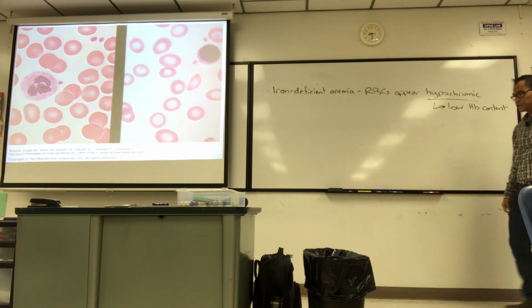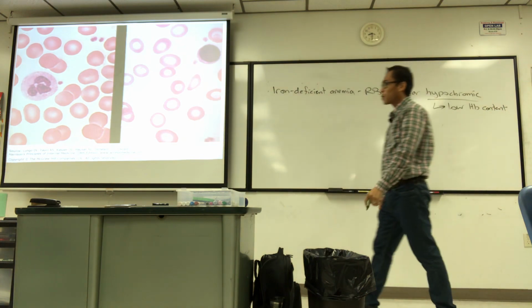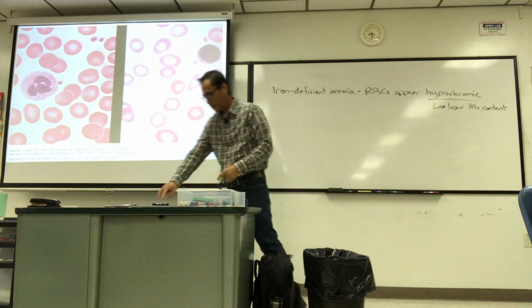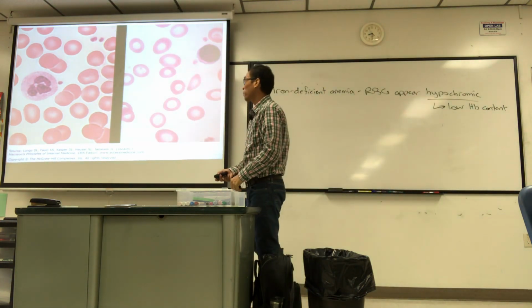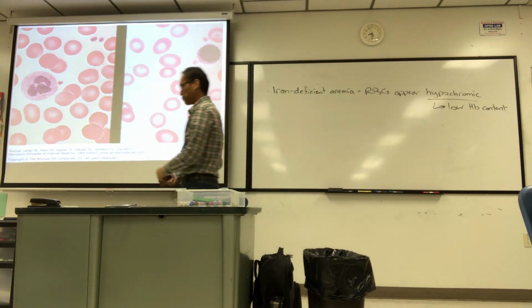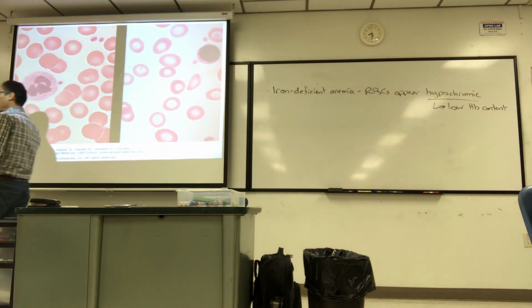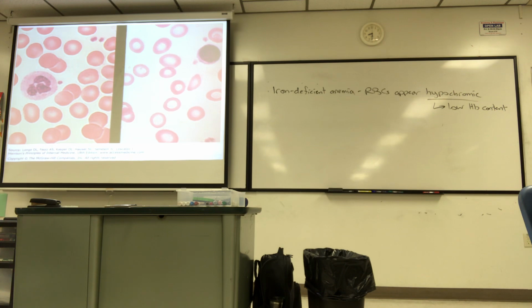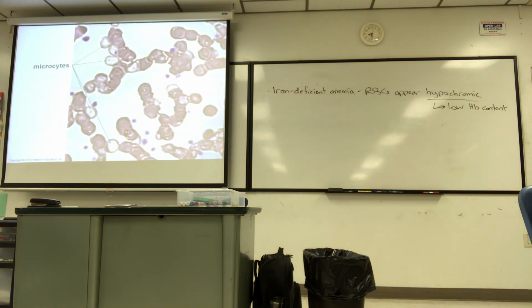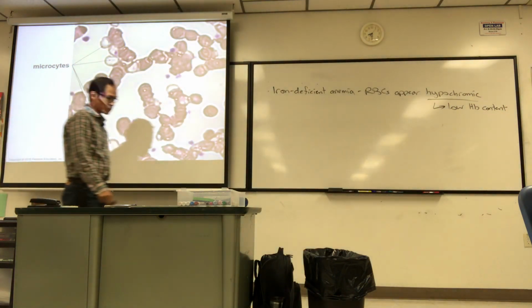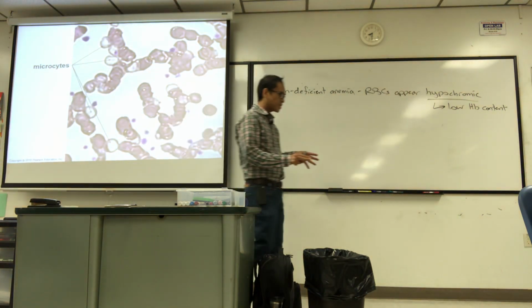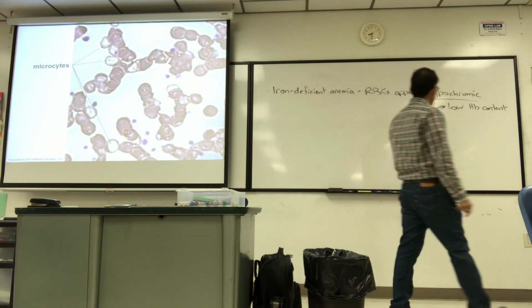Not only do they have low HB, they're smaller if you were to measure them, which they don't do here, but the normal range is 7.2 to 8.4. These cells are also called microcytes because they're less than 7 in diameter.